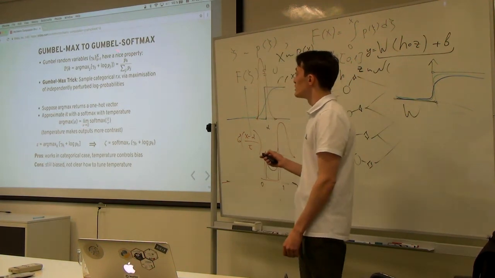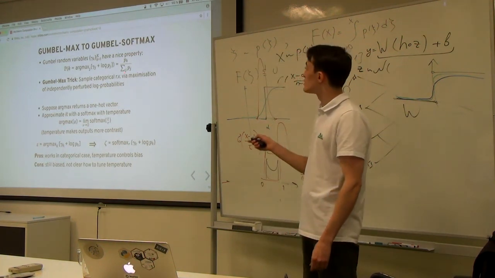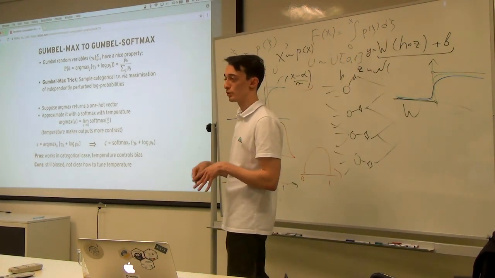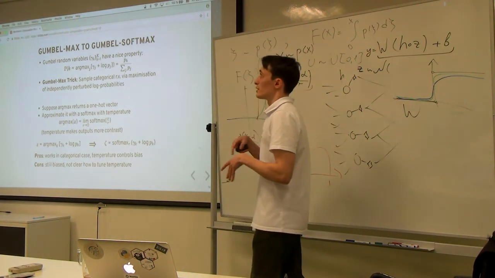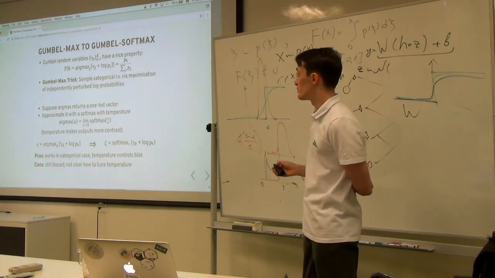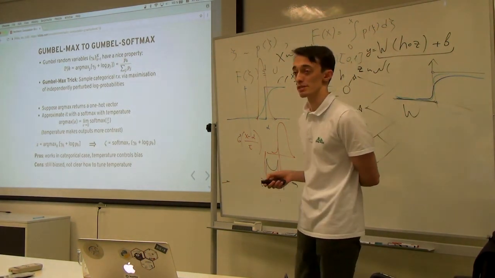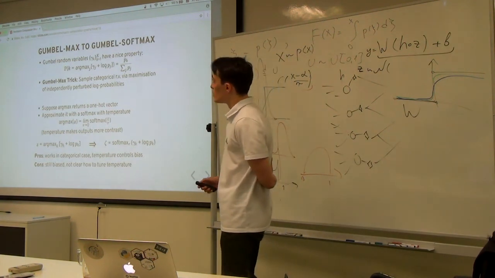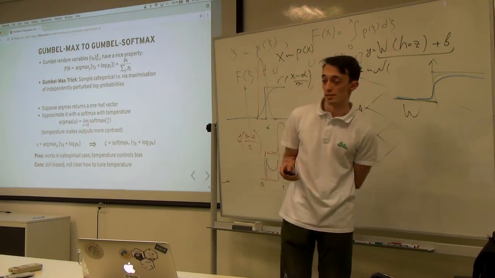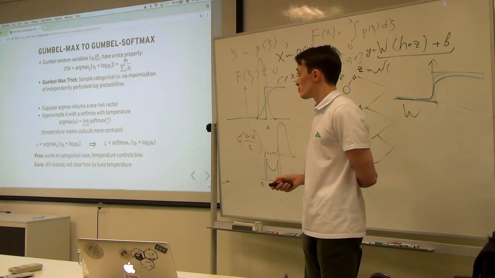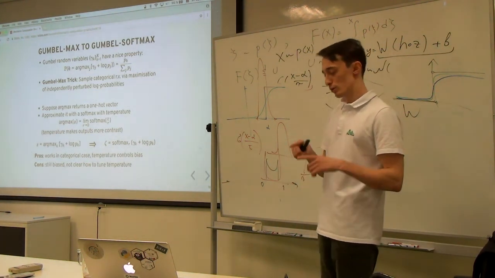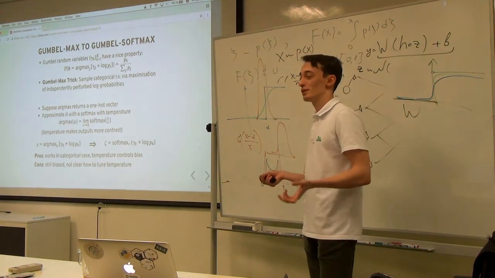So what this formula means is that if you take your Gumbels, add these log probabilities to each of them, and then compute argmax, then it will be distributed as if you sampled a categorical random variable with these probabilities. If you represent your k, your index of argmax, as a one-hot random variable, that would be just a vector where there is only one 1, and all other components are 0.